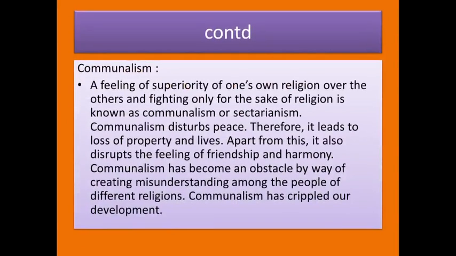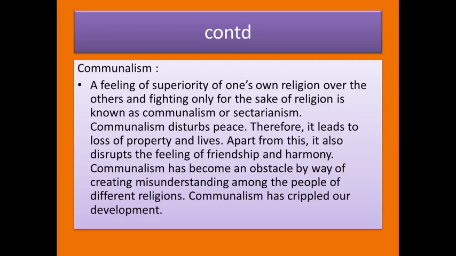Next factor is communalism. A feeling of superiority of one's own religion over others and fighting only for the sake of religion is known as communalism or sectarianism. Communalism disturbs peace.